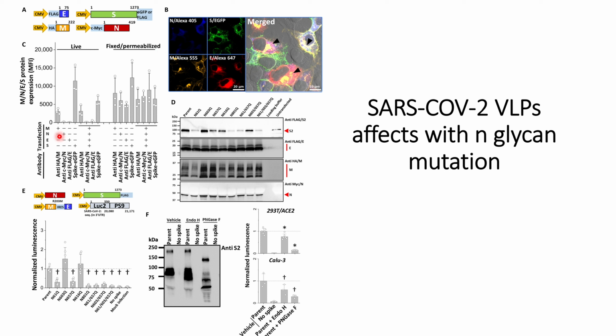They found that the membrane protein and the spike protein are expressed more on the cell surface.